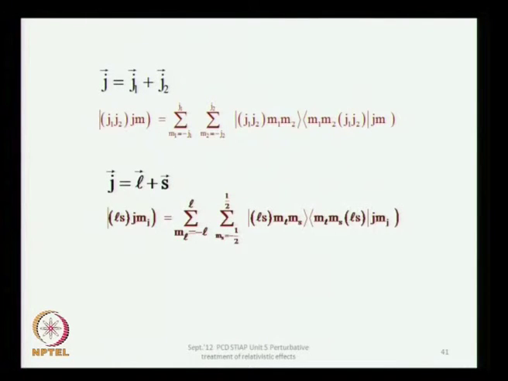In our context it is L and S, these two angular momenta, being coupled to get a net angular momentum, and here you have the corresponding Clebsch-Gordan coefficients which will need to be used, with ms going from minus half to plus half and ml going from minus L to plus L. That is the kind of relationship that you have, and it is intimately connected to the fact that the angular momentum is no longer L or S, but it is L plus S.